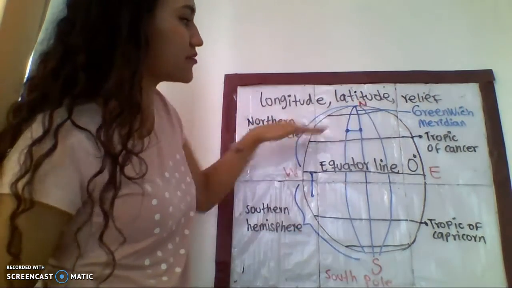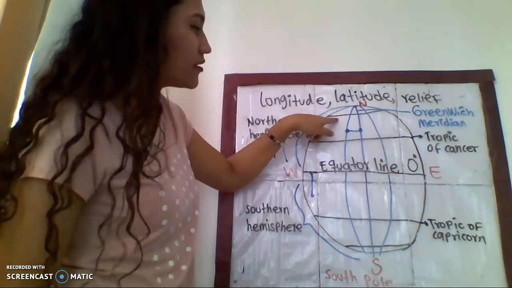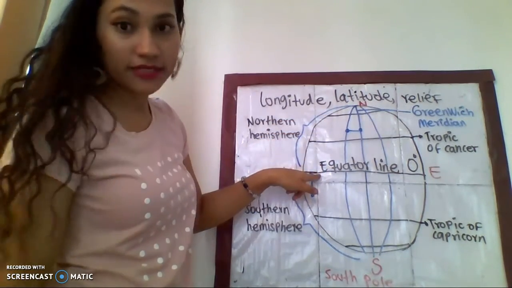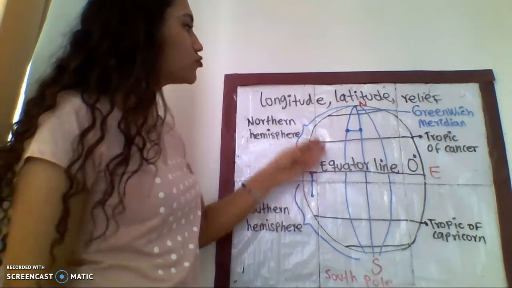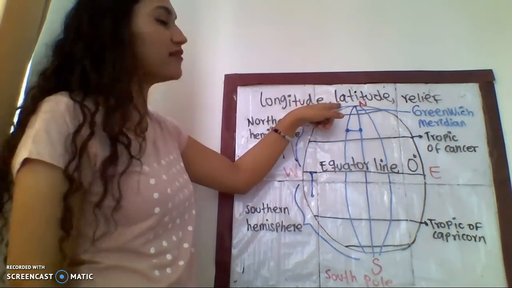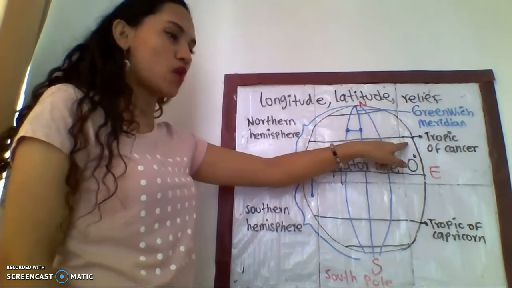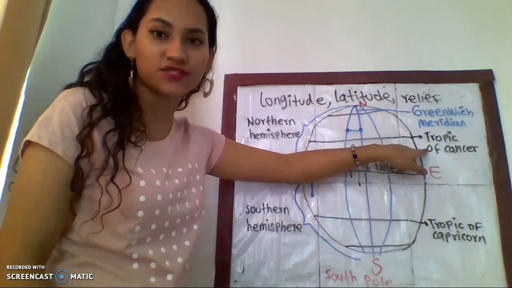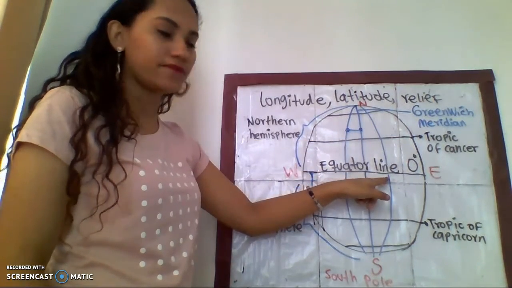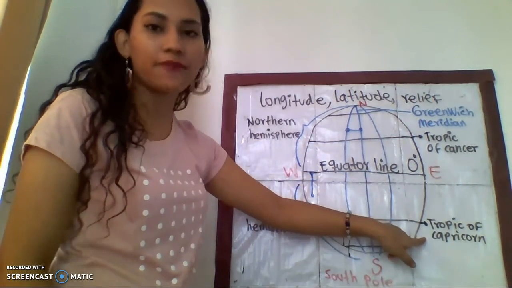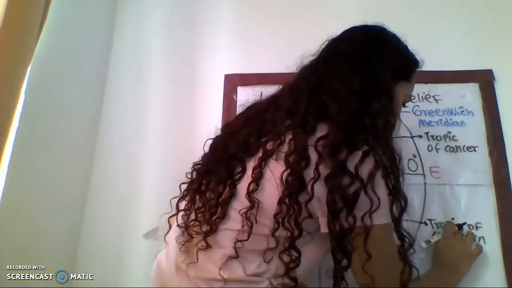Remember, the lateral lines are parallels. These are parallels, and these are used to measure the latitude. This one is called the Tropic of Cancer, the equator line, and the Tropic of Capricorn.